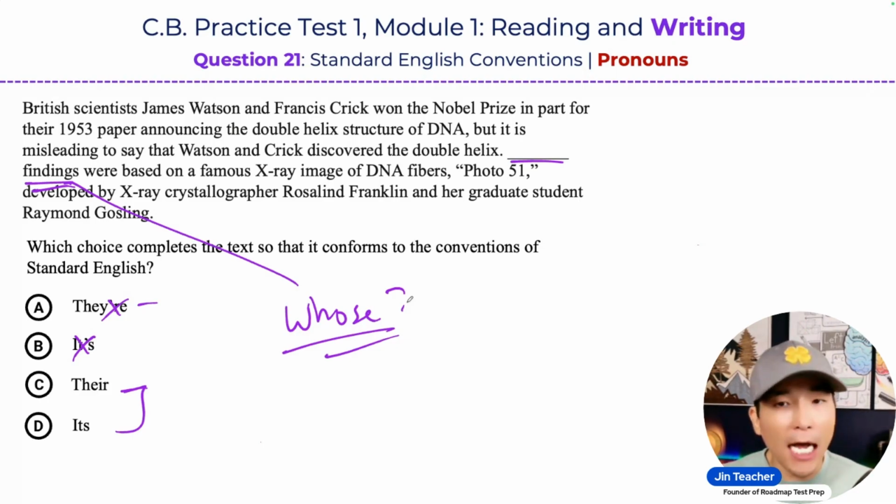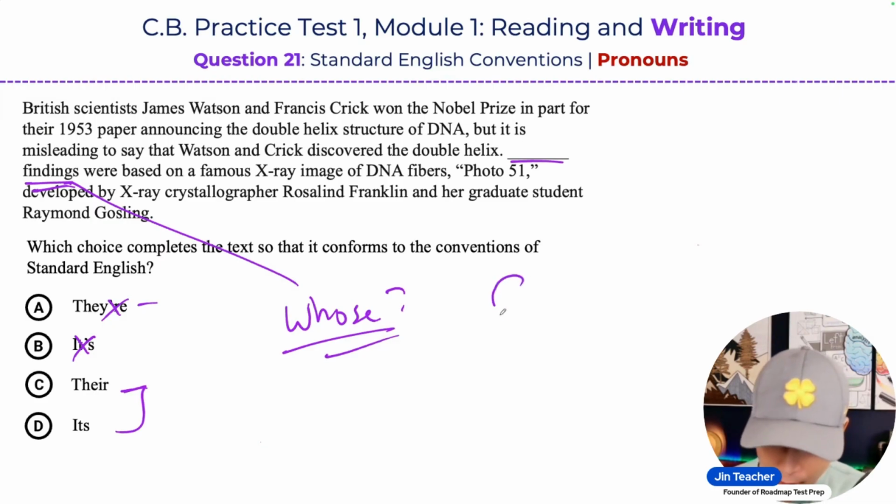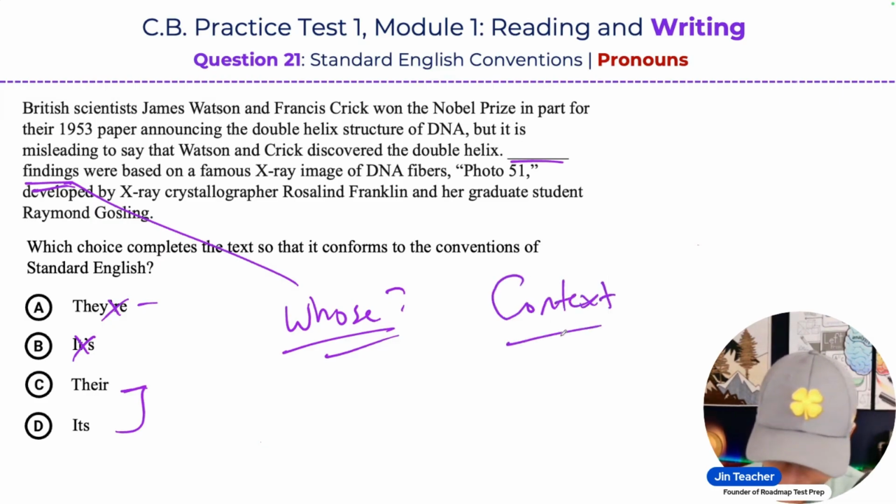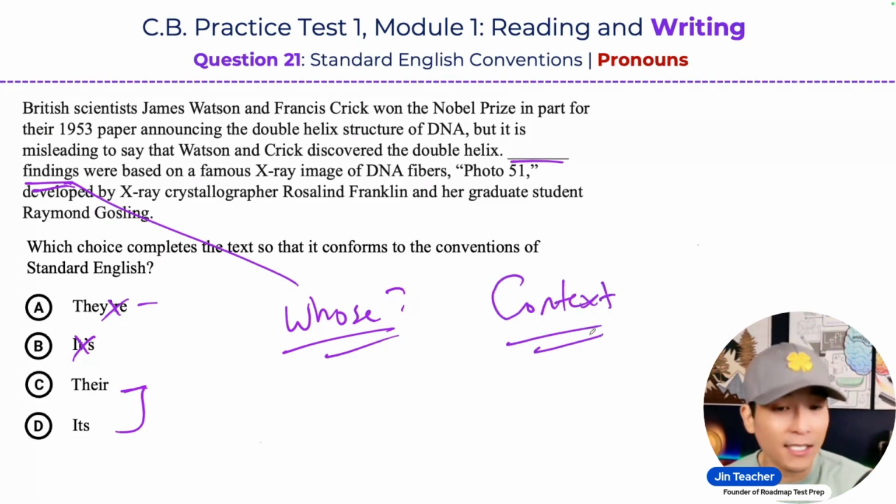Now, your job is to figure out the answer to that question based off of the information that you read. Okay, so this is where you want to use the context of the passage, understand the context of what you're reading to figure out whose findings, right, the sentence is talking about. You guys can all do this as long as you just read with this purpose in mind.